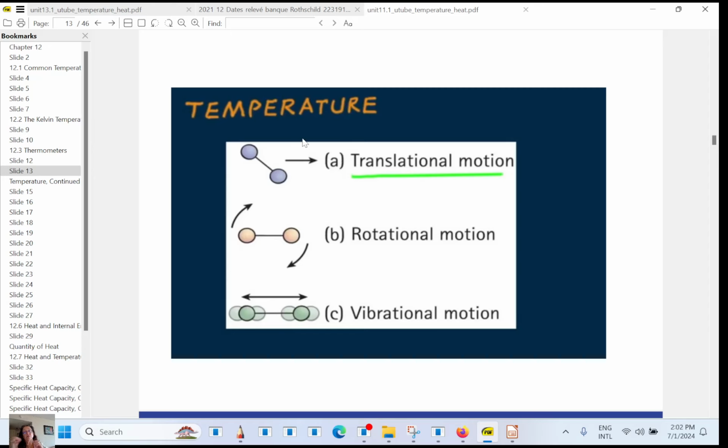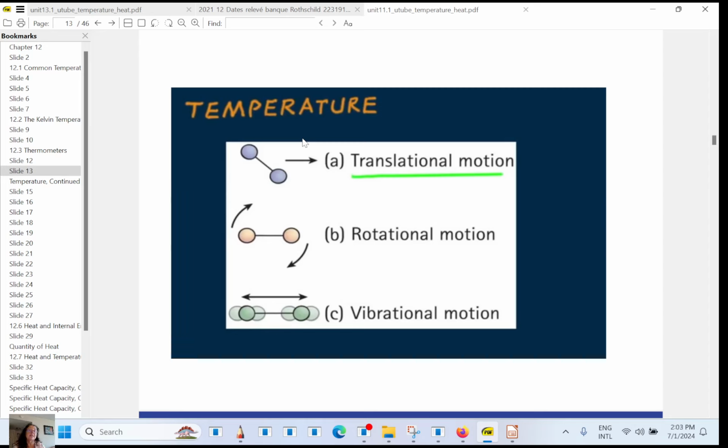So all the molecules in the material, they move around, they jiggle around, they shake, right? They are always in random motion. And the temperature is the average kinetic energy of those molecules. So as you increase the temperature, the molecules are going to move faster, okay?